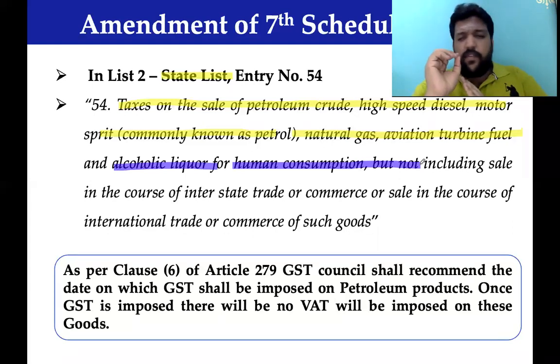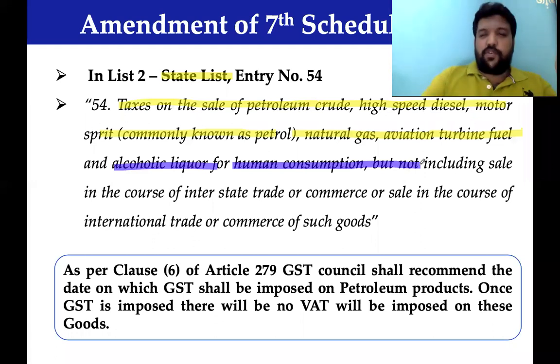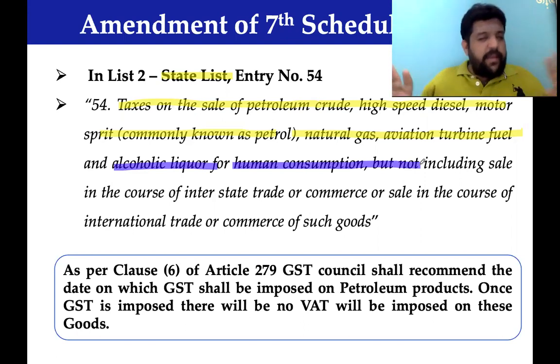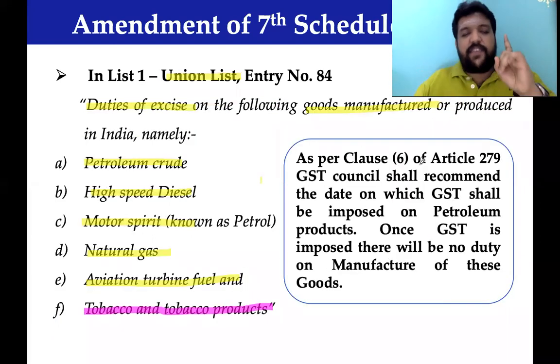Tomorrow, in the very near future, if all petroleum products go to GST, then, as told in the constitution, all goods will be liable for GST. Nothing will be kept outside.